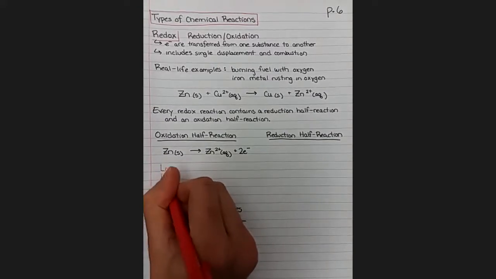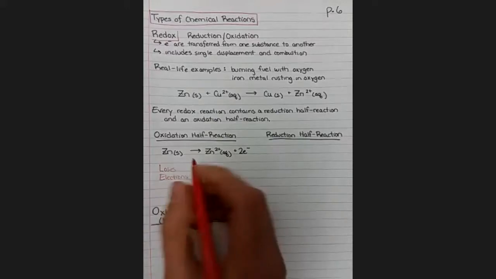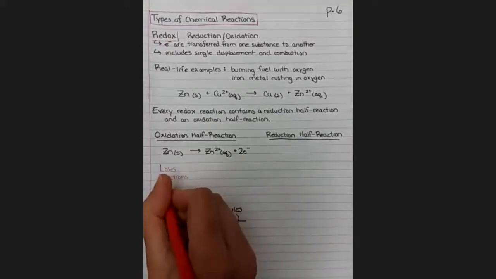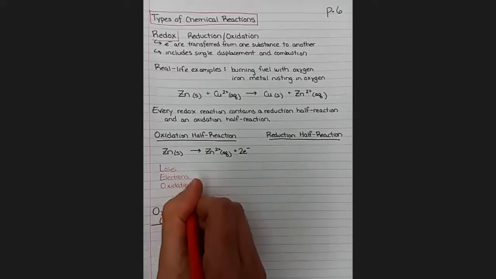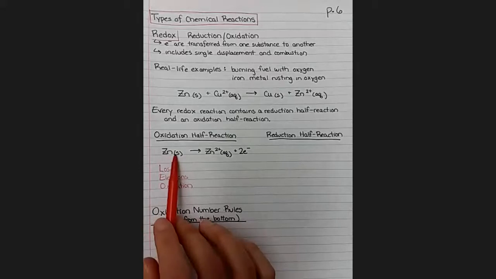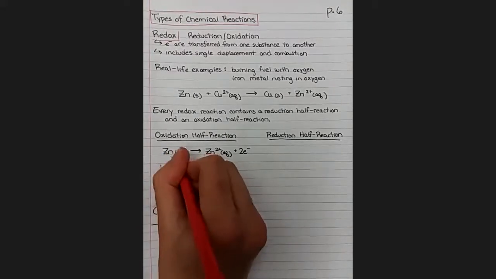So zinc loses electrons because we see them separated in the product, and that makes this oxidation. And so zinc is the thing that is being oxidized.